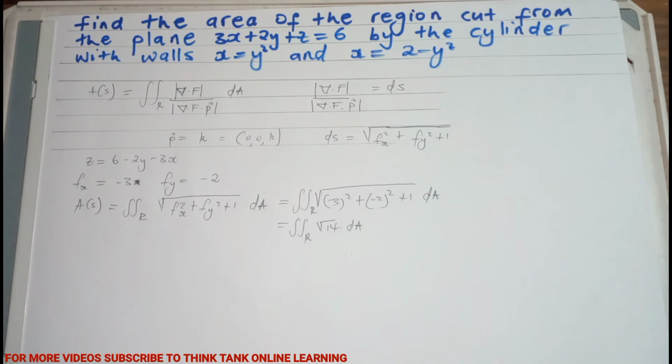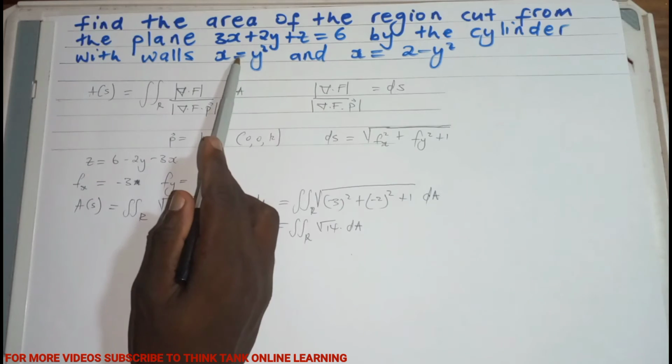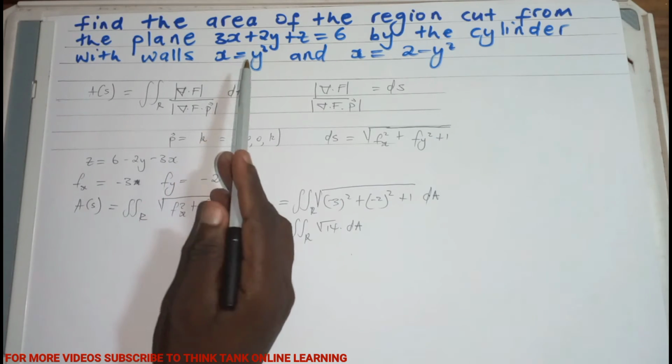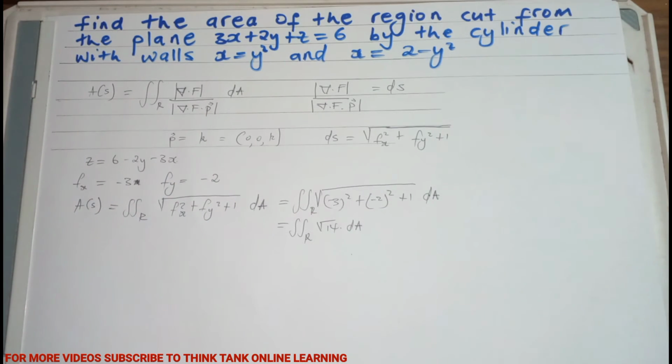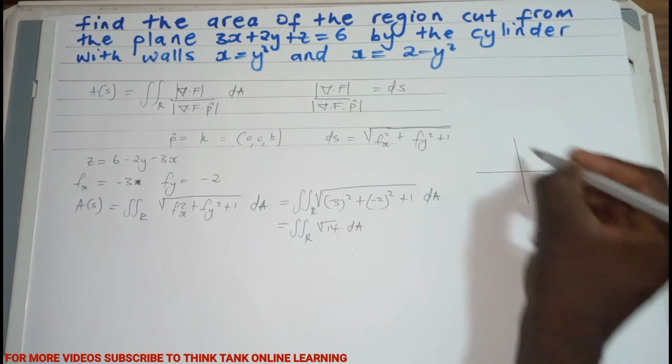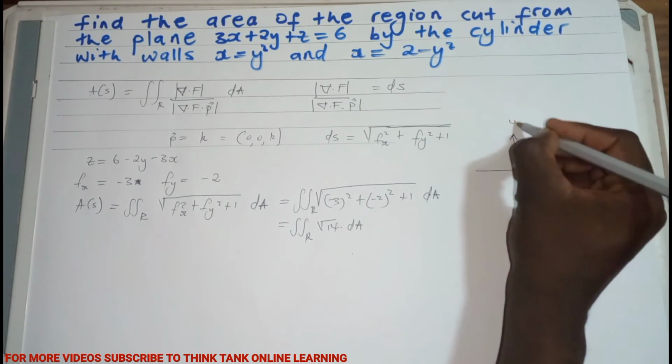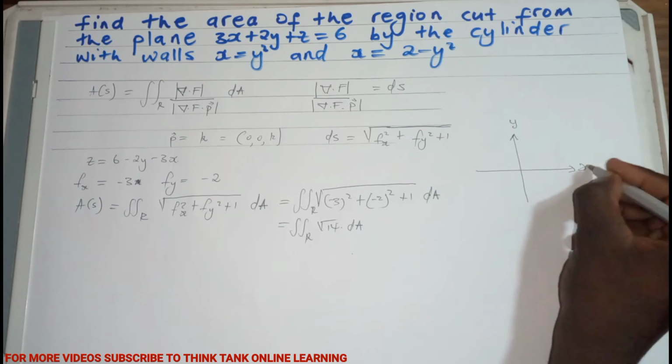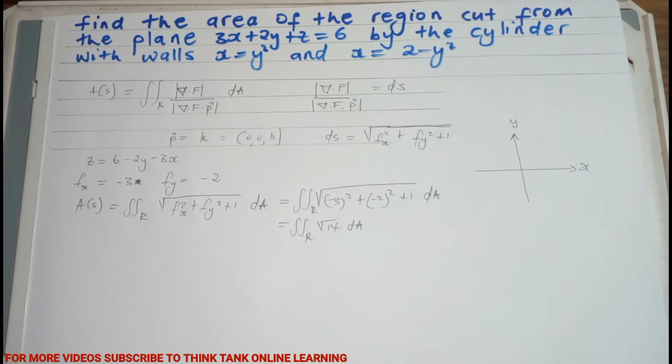So now I want to evaluate the limits. The region is bound by the limits of these walls. Since I'm now in the xy-plane, let me graph them here. This is y and this is x. I think integrating is easy; what is only hard is evaluating the limits.